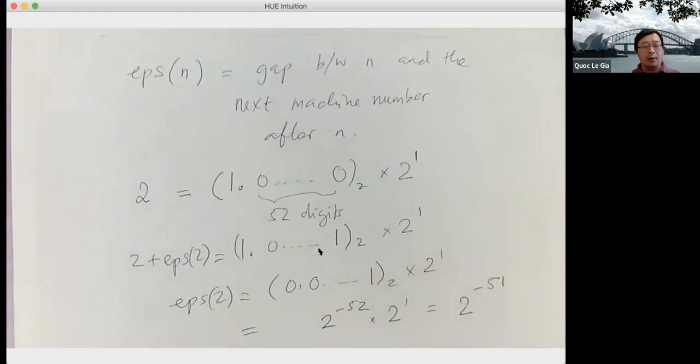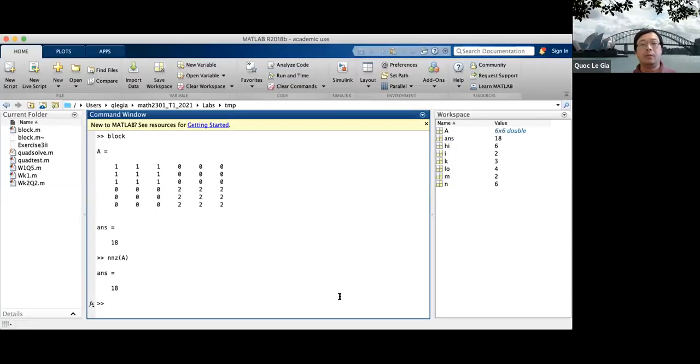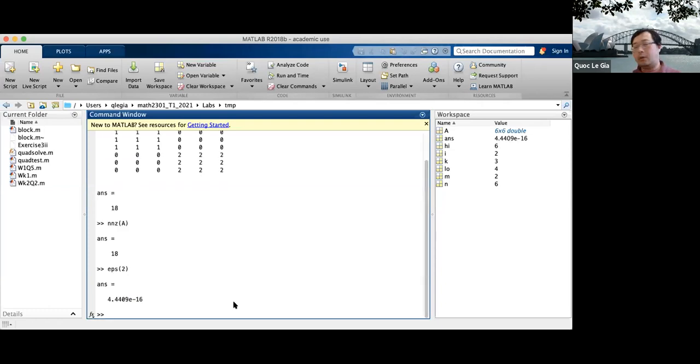Now I show you in MATLAB, when you put in epsilon of 2, and then 2 to the minus 51, you see they're the same. And you see 2 plus epsilon of 2 will definitely be bigger than 2.